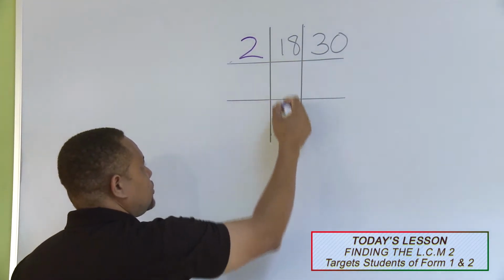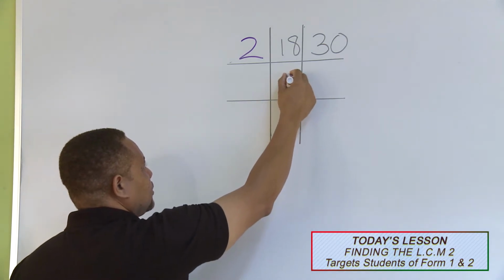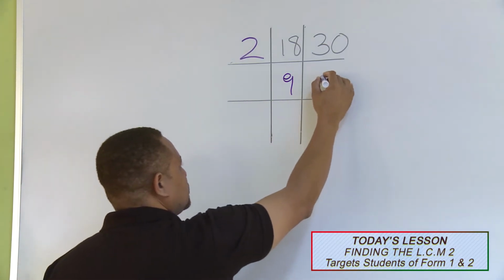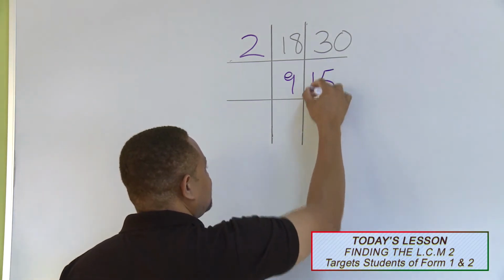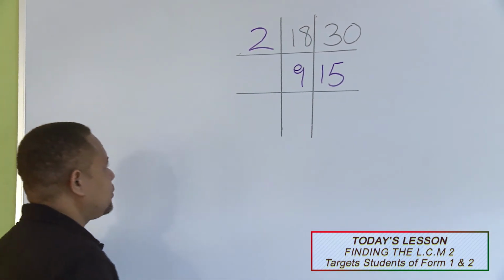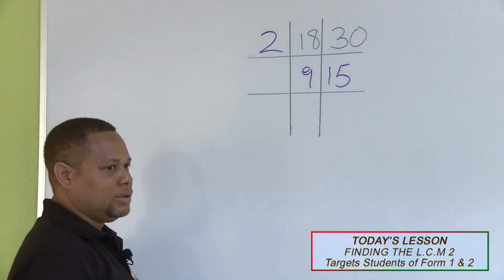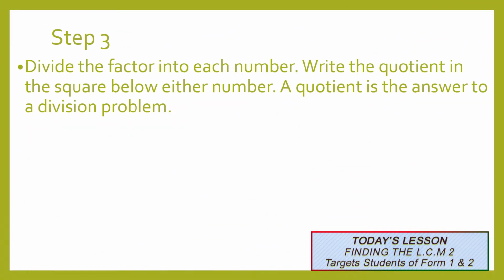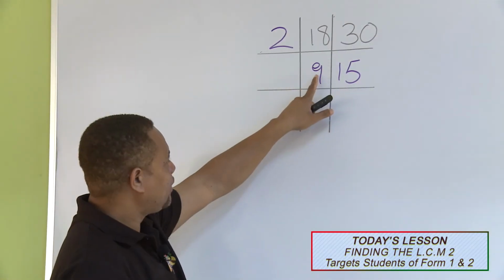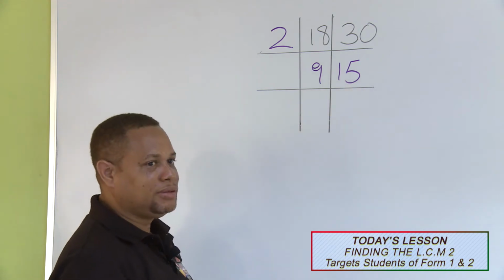So I now say 2 into 18, 9, 2 into 30, 15. And then look again, step 3. So I divide the factor into each number, and I have my answer, 9 and 15.